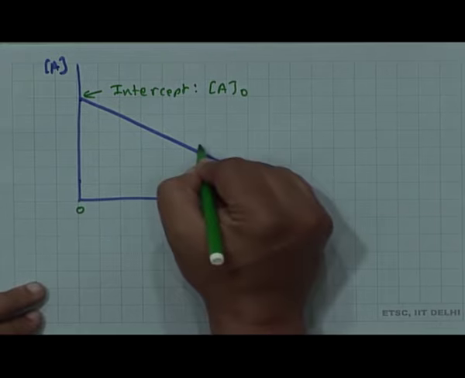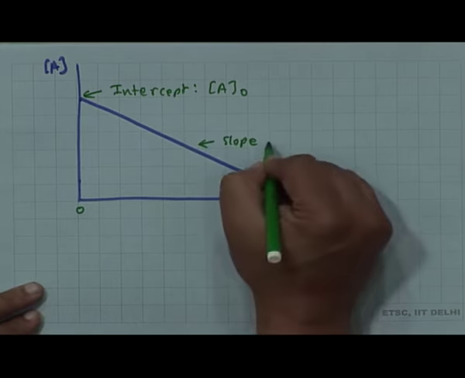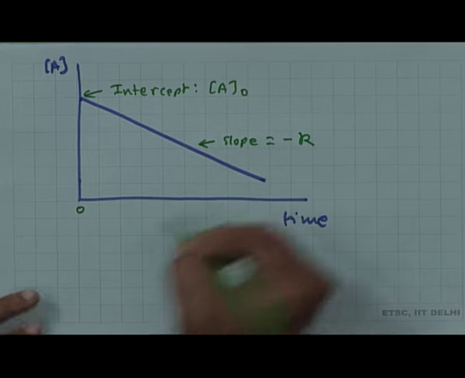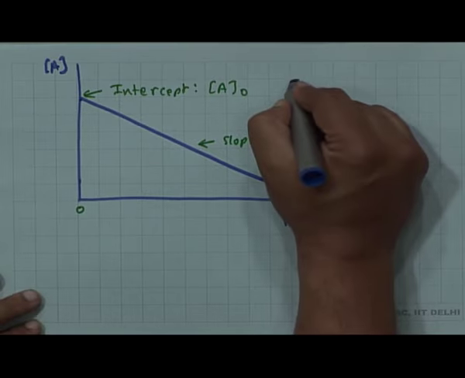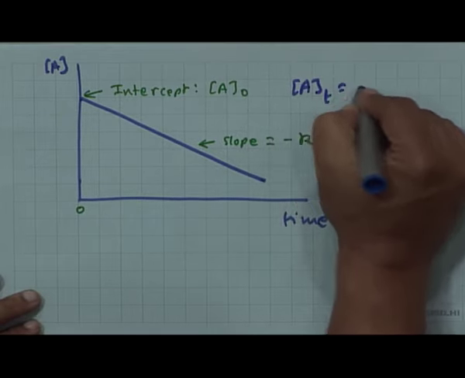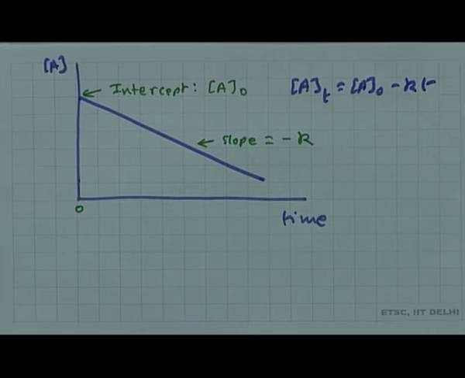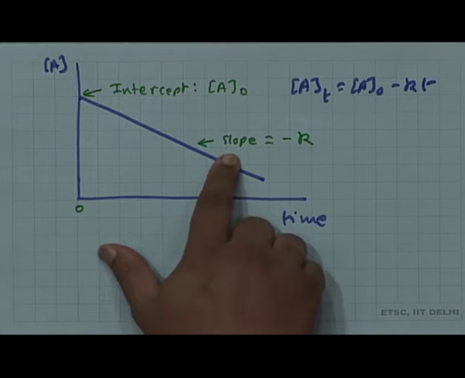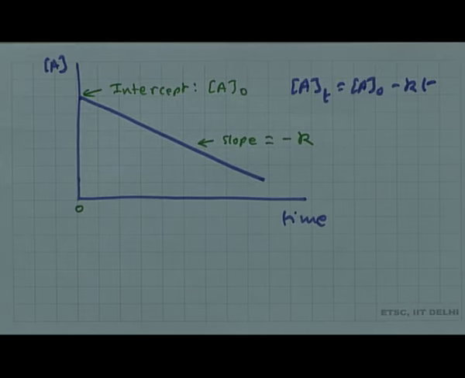And then the slope is equal to minus k, based on my equation A t is equal to A naught minus k t. So, this is the equation I have plotted out here, right. The equation of a straight line with a negative slope. Because the slope is negative, the negative slope is equal to minus k, and from there I get k. So, I get the rate constant, okay.